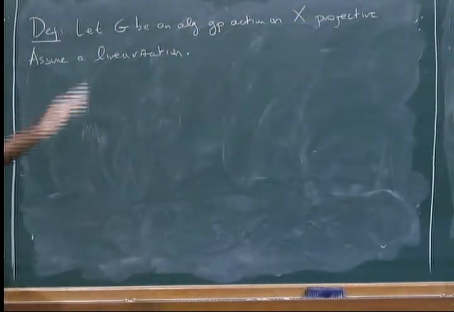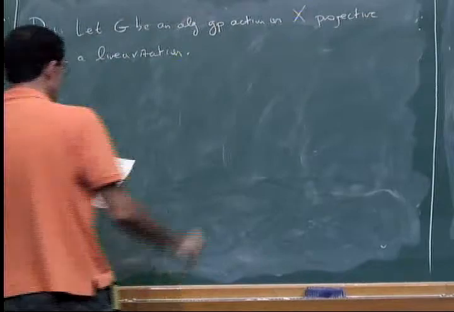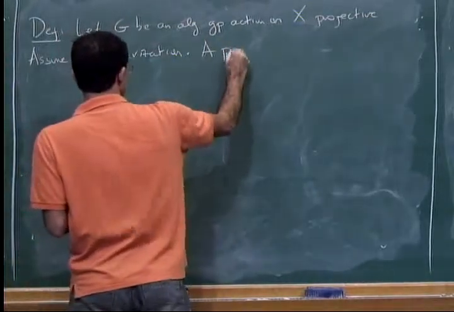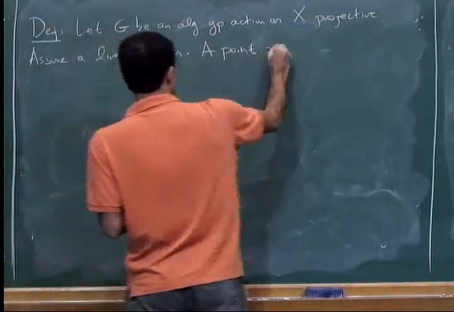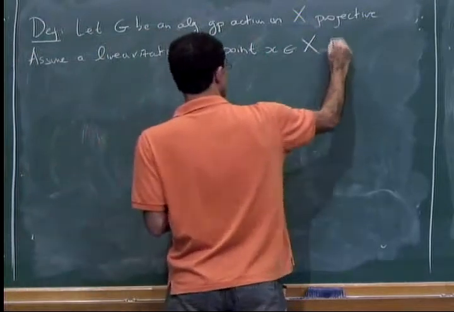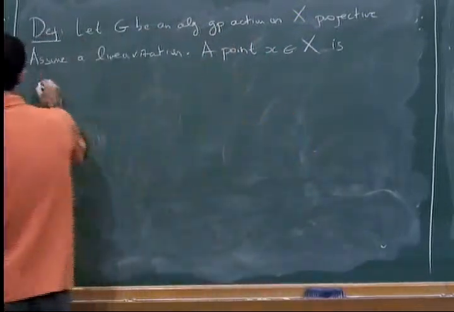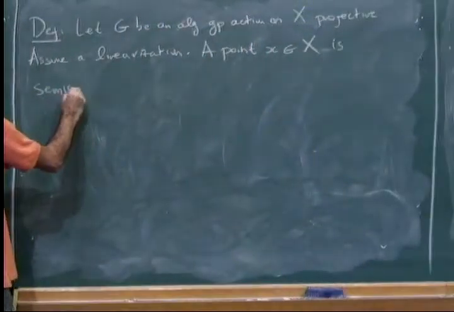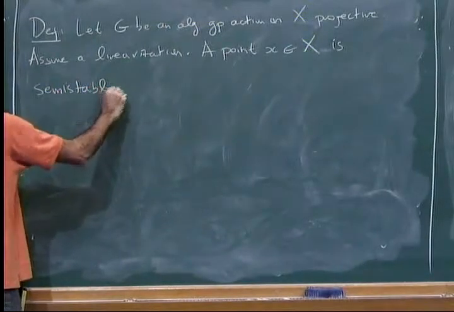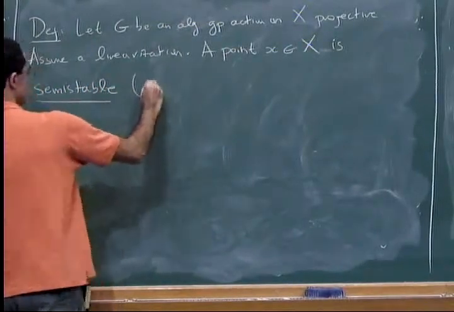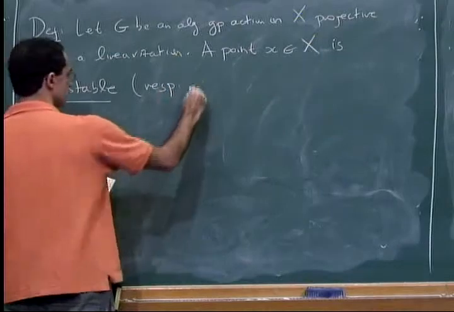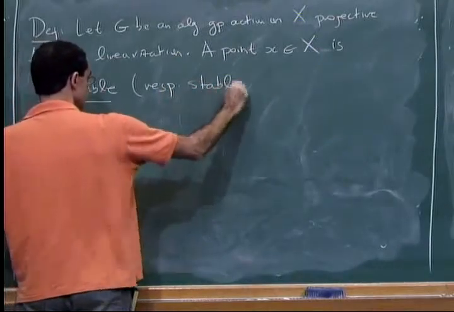Okay, so we are in that setup. And then we say that a point x in X is semi-stable. And then there is this slightly stronger condition, stable.